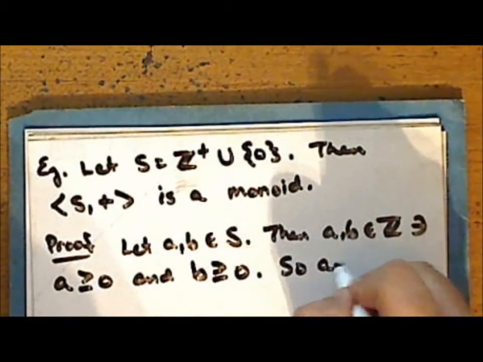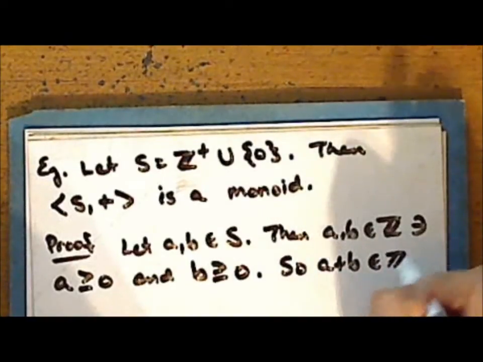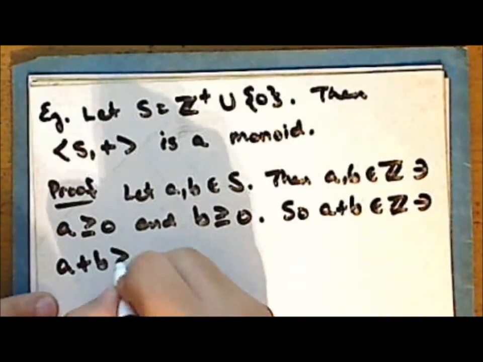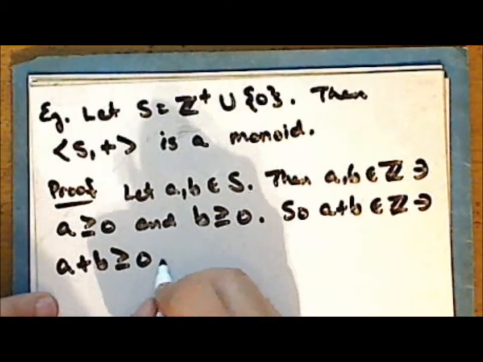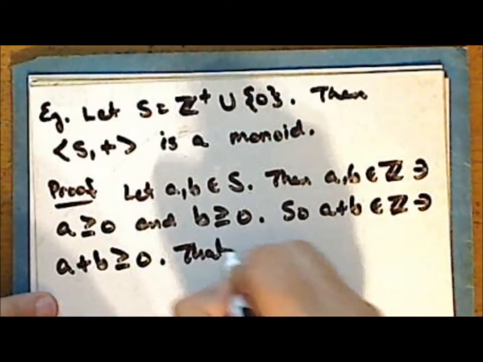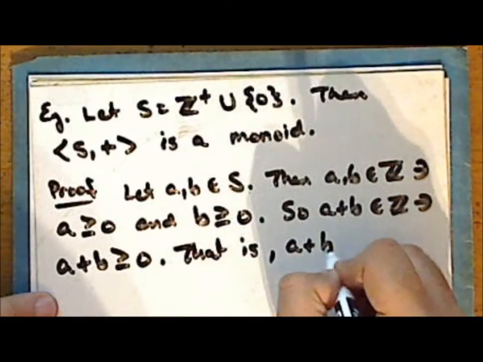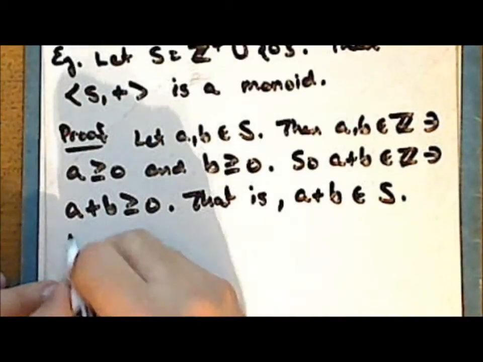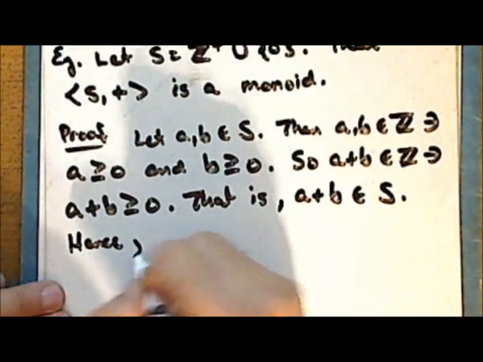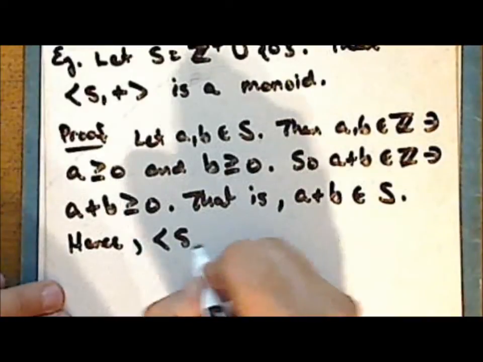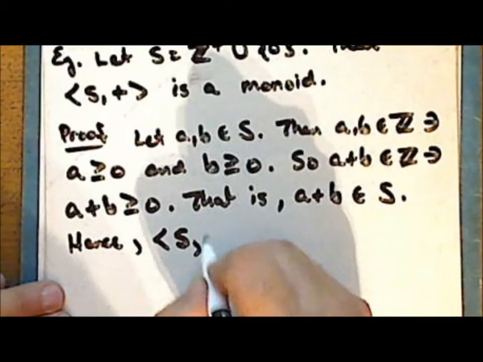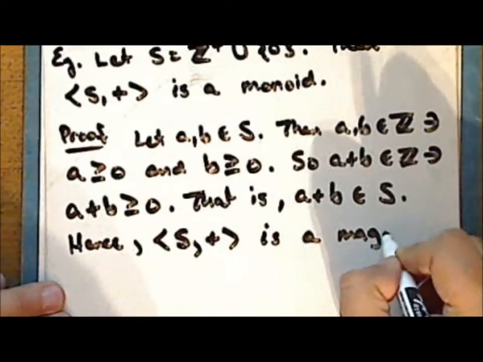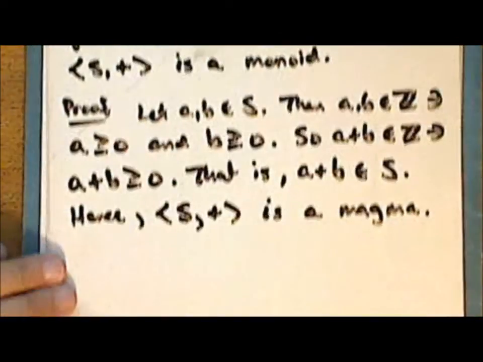And so the sum A plus B is an integer such that A plus B is greater than or equal to 0. That is, the sum A plus B is in the set S. And hence, this set S together with addition is a magma, as it is closed under the operation of addition.